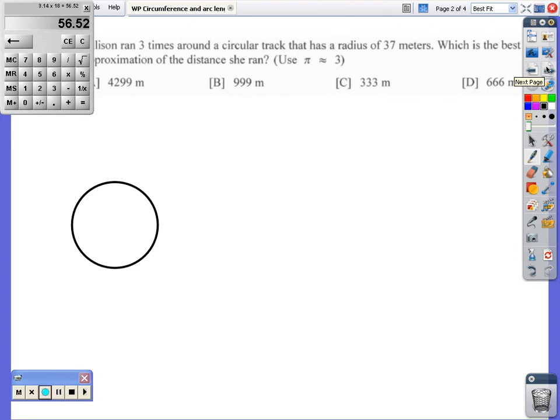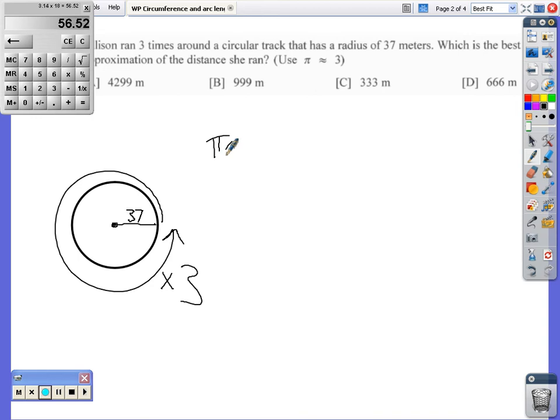Allison ran 3 times around a circular track with a radius of 37 meters. So here's 37 meters. She not only runs once around it, but 3 times around it. So whatever we get for this circumference, we're going to multiply by 3, and that'll be our answer. This time, instead of pi d, we're going to use the 2 pi r formula because they gave us a radius.